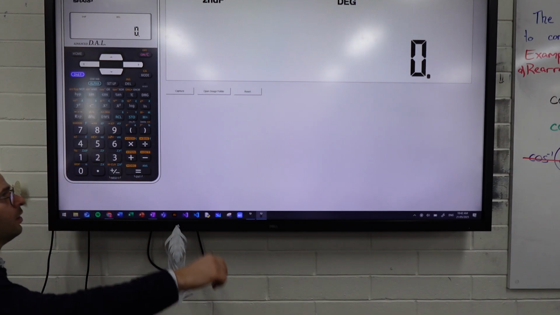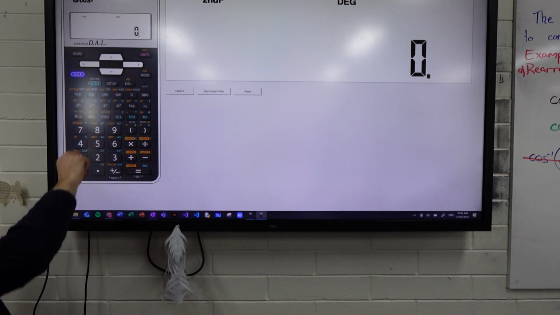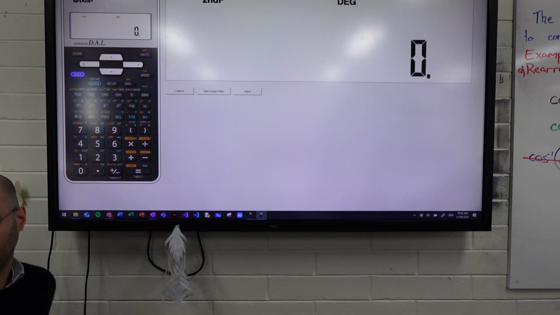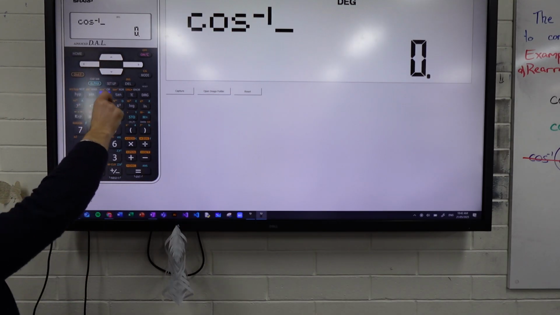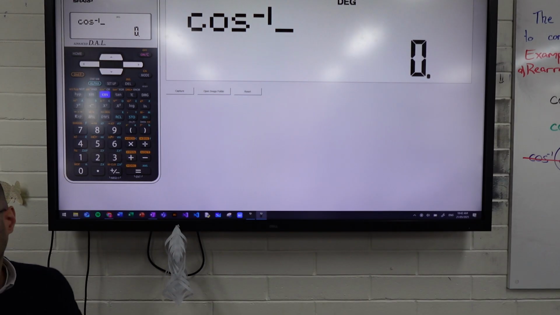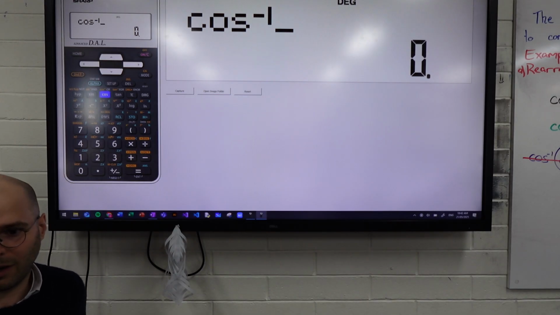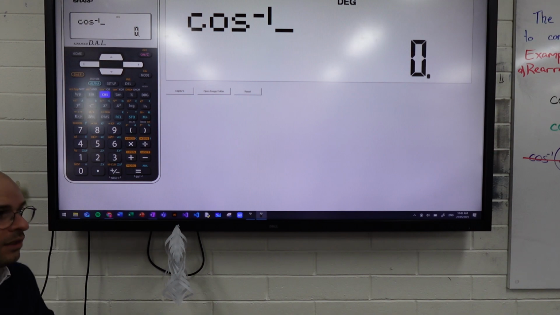Looking up, we've got sin, cos, tan. Normally we'd go for those, but we're in our second layer. We go for that one there. Have a look, it's got cos with that -1 above. That means inverse cosine. If yours just says cos, press reset again, press second function and go inverse cos.